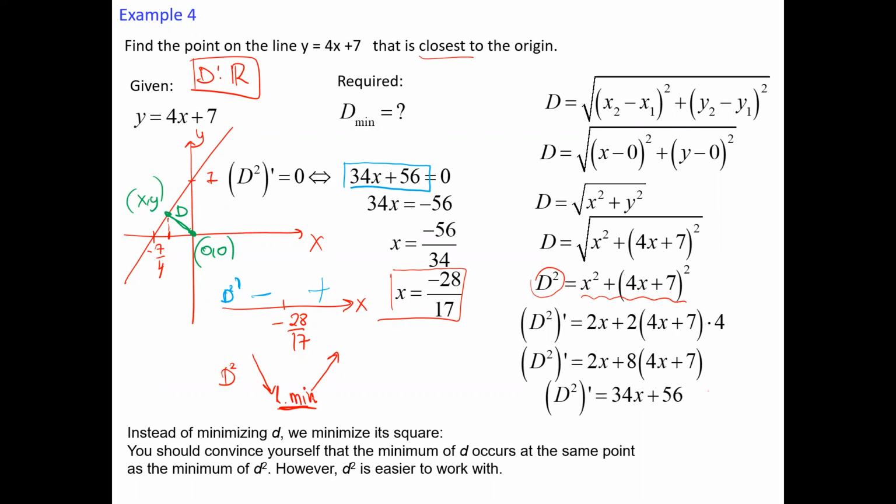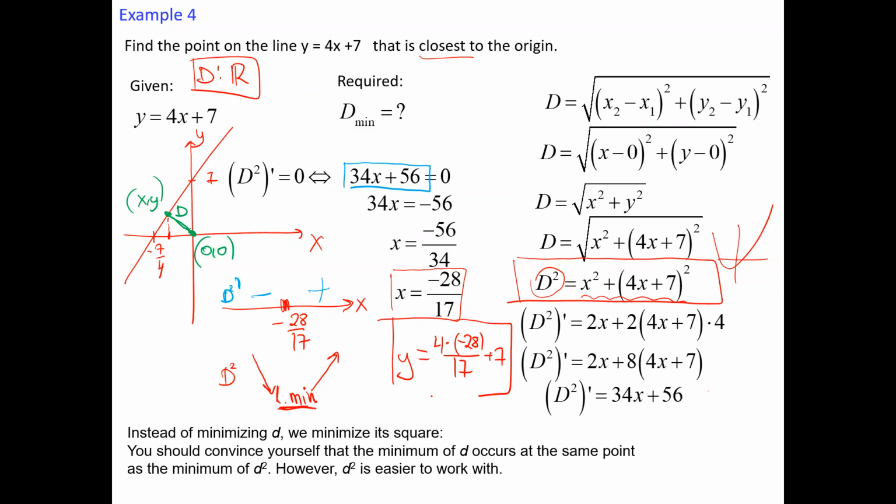But we know that this local minimum is definitely the absolute minimum, no lower points for that function, because this is a quadratic function with a positive leading coefficient. It's going up. That means the x value is this, and the y value will be 4 times negative 28 over 17 plus 7.